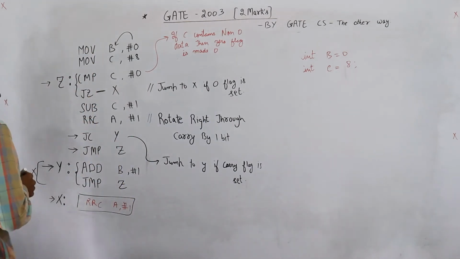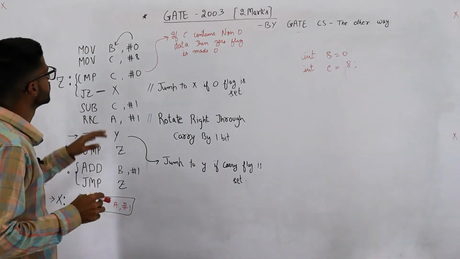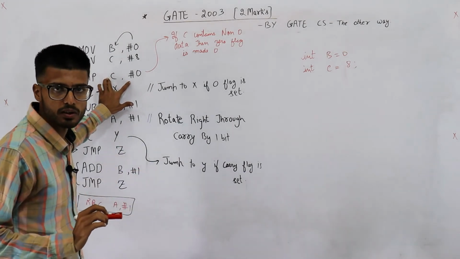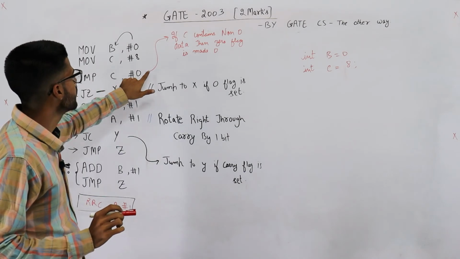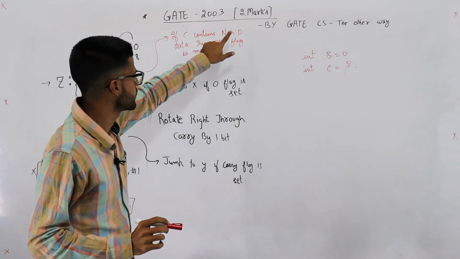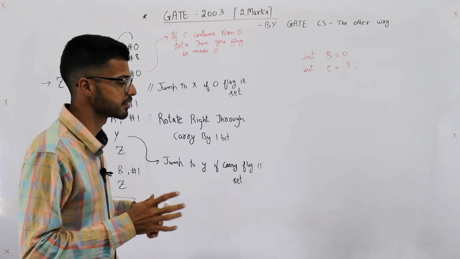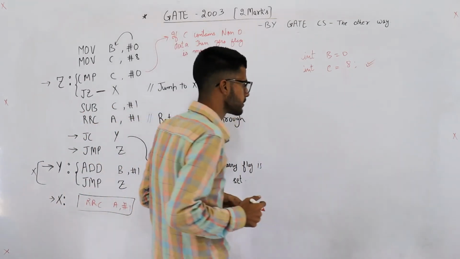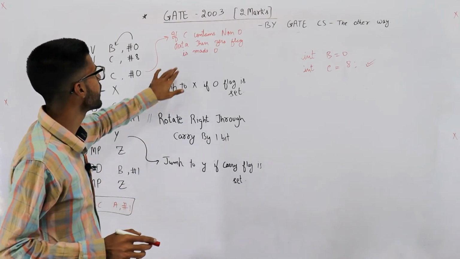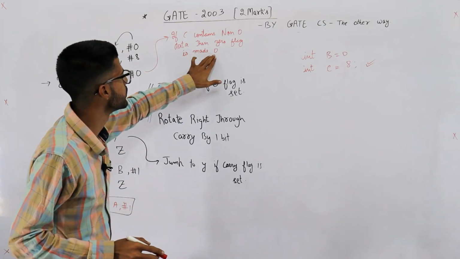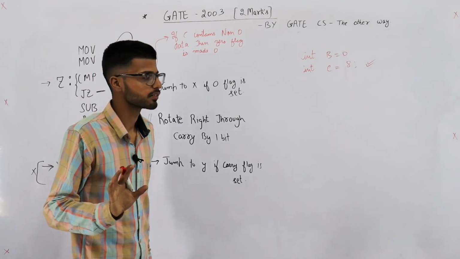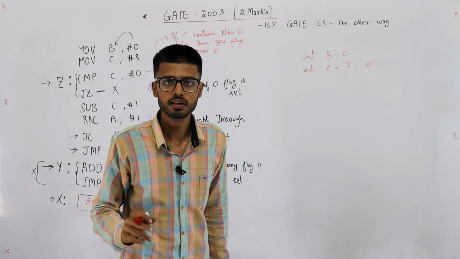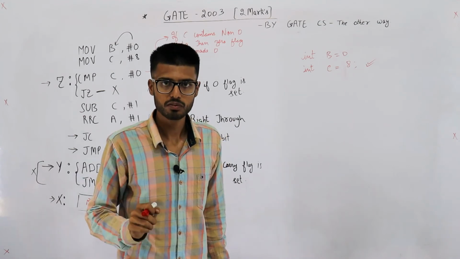Third line, it says compare C with 0. Now this line is surely going to alter the 0 flag. In case C contains a non-zero number, for example, here it's 8, in that case, the 0 flag is made 0. In simple words, if data is non-zero, that means we don't have a 0 in C, so the 0 flag should be off.